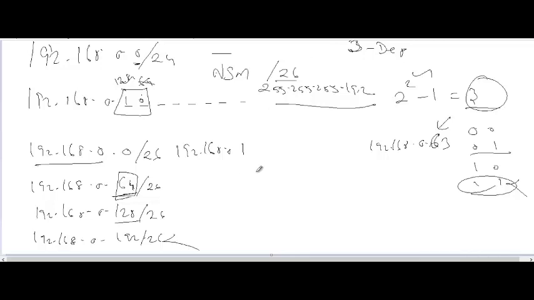62. And then the next network is going to be 192.168.0.65. You see, it's not always the first IP address 1. It can be even 65. This is the first IP address in this subnet. And can someone tell me the broadcast of this network?